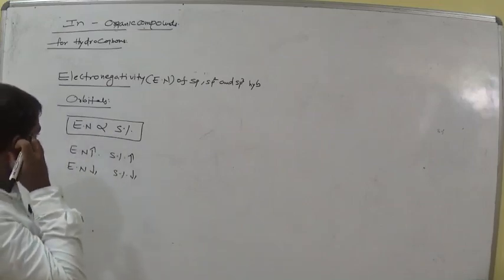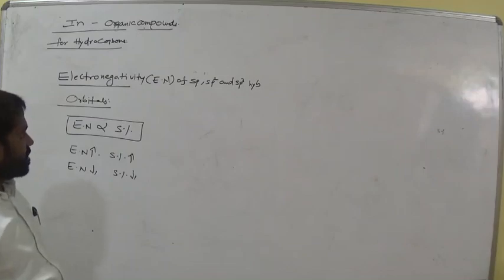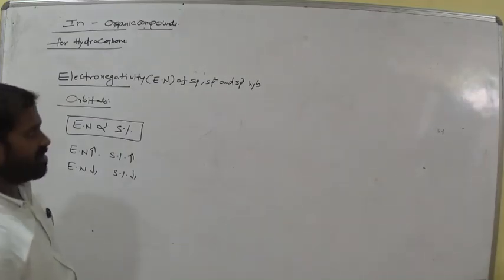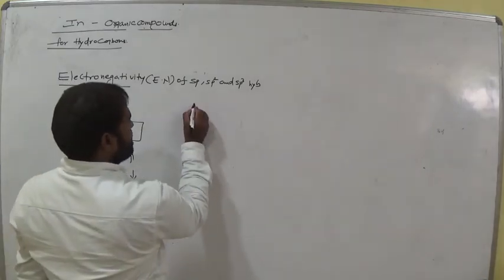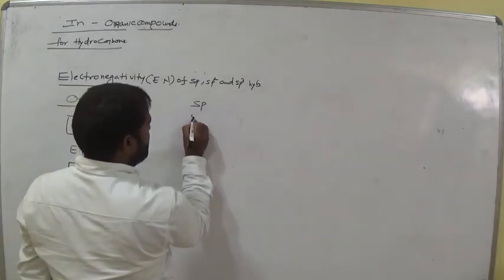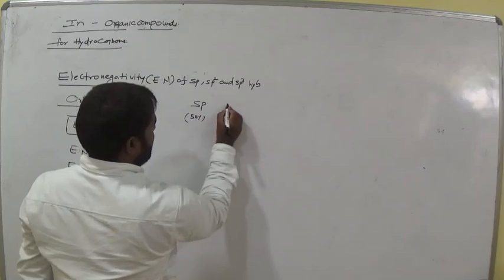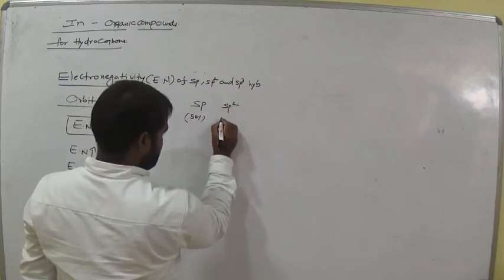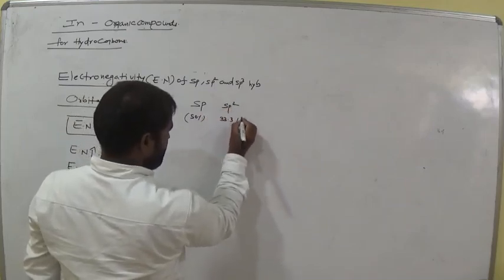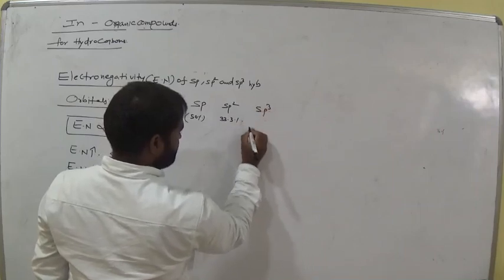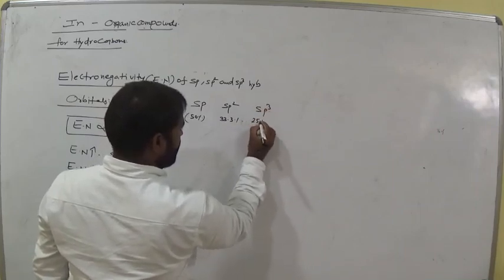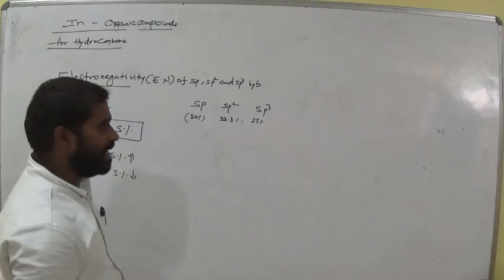Now which one has more electronegative character? The one where s percentage is more. Suppose for sp the s percentage is 50%, for sp2 it is 33.3%, for sp3 how much is it? It is clearly 25%.